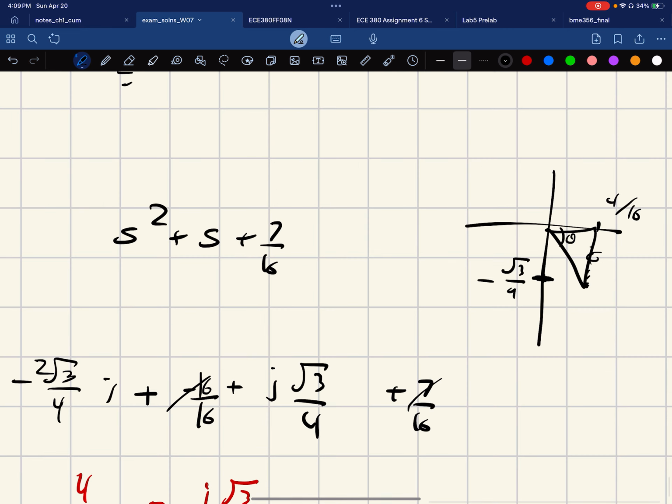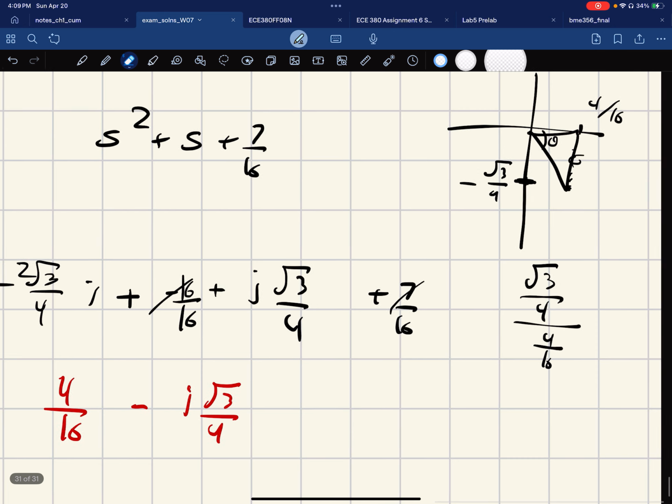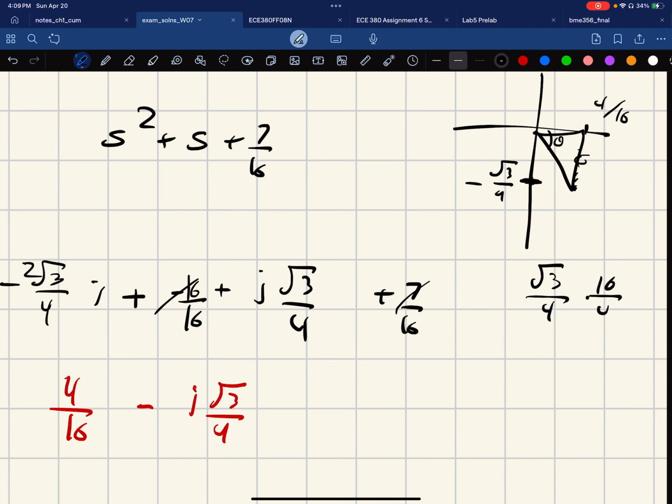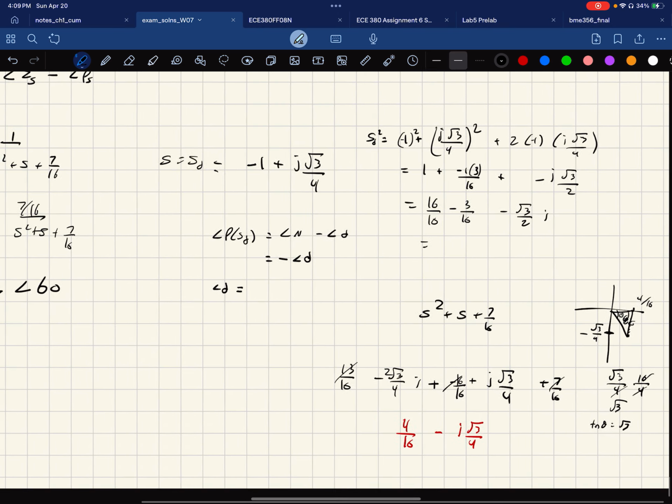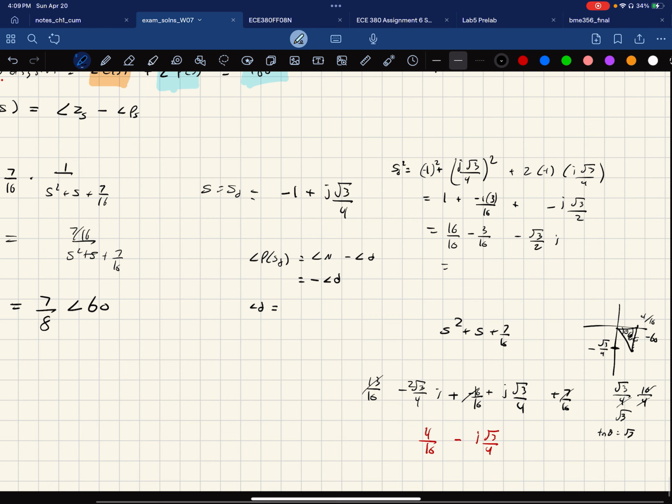The calculator refuses to solve it for some reason, but opposite over adjacent, 4/16. So divided by 4/16 is times 16/4. So it's just tan theta equals root 3. So arctan of root 3 is 60. And as you can see, this is negative. So the angle of the denominator is minus 60.